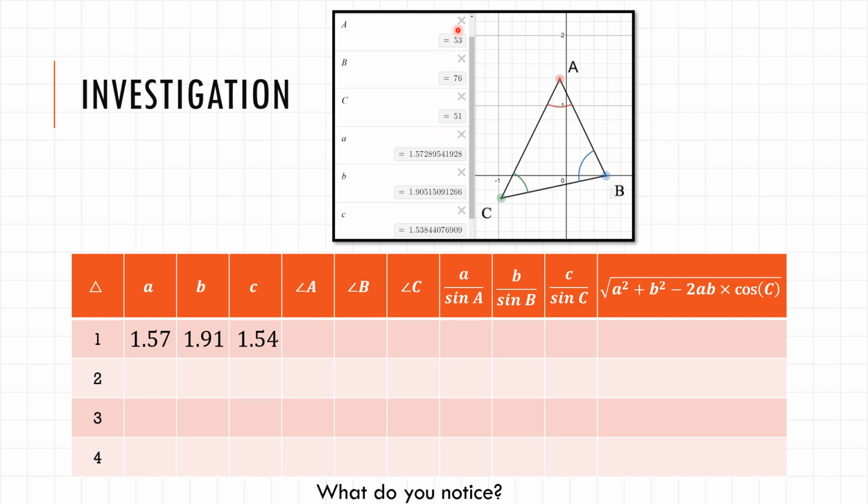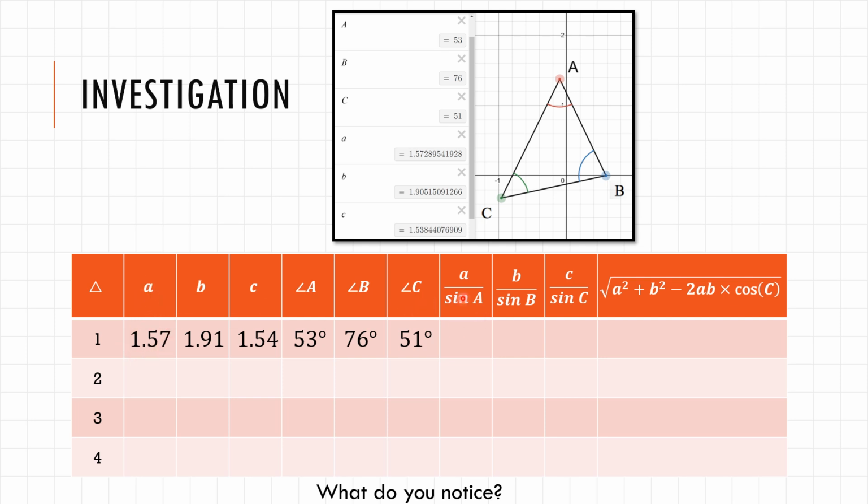Angle A, like I mentioned, is 53 degrees. Angle B is 76 degrees. Angle C is 51 degrees. And finally, for the rest of the row here, all I'm going to do is I'm going to say, what is a divided by sine A? So I'll take out my calculator and I'll put in 1.57.